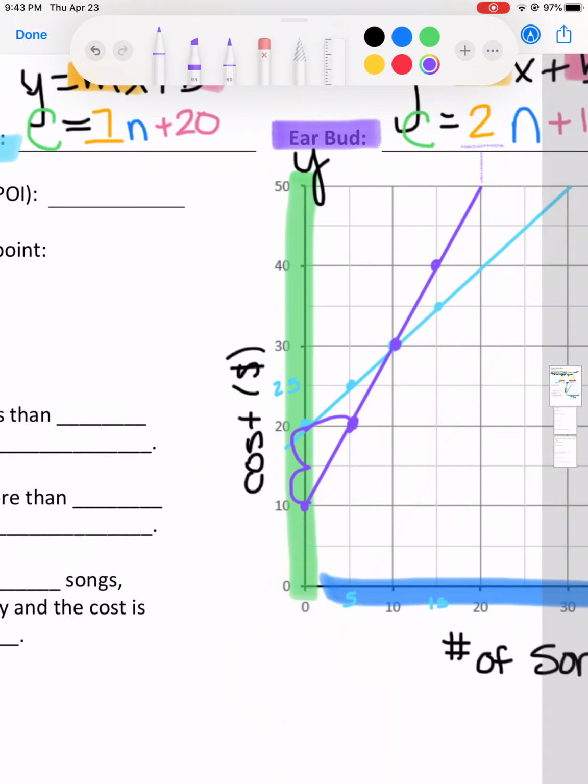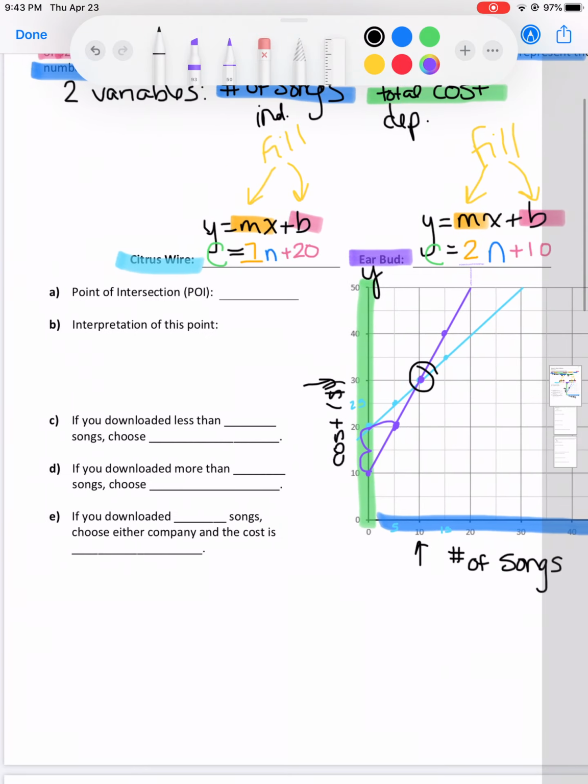Okay. Where's my point of intersection? It's that bad boy right there. So it's at 10 and 30. So what does that mean?